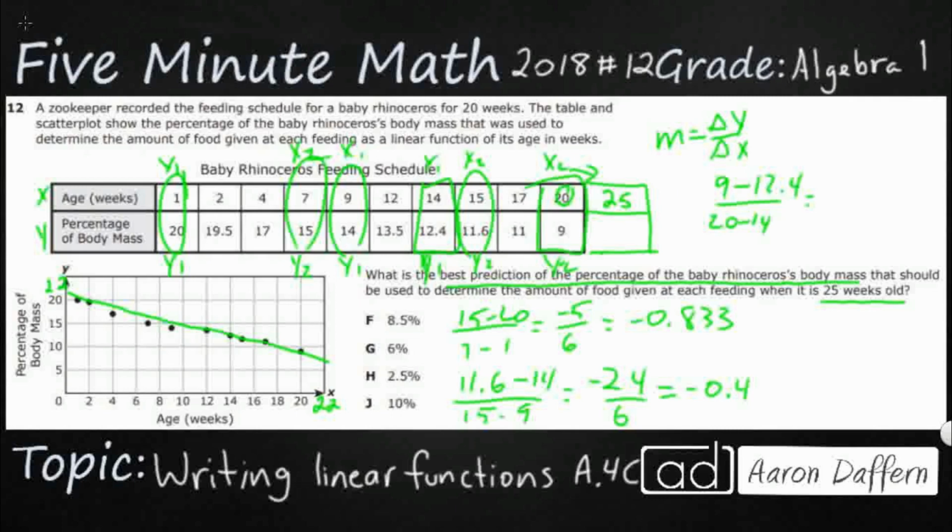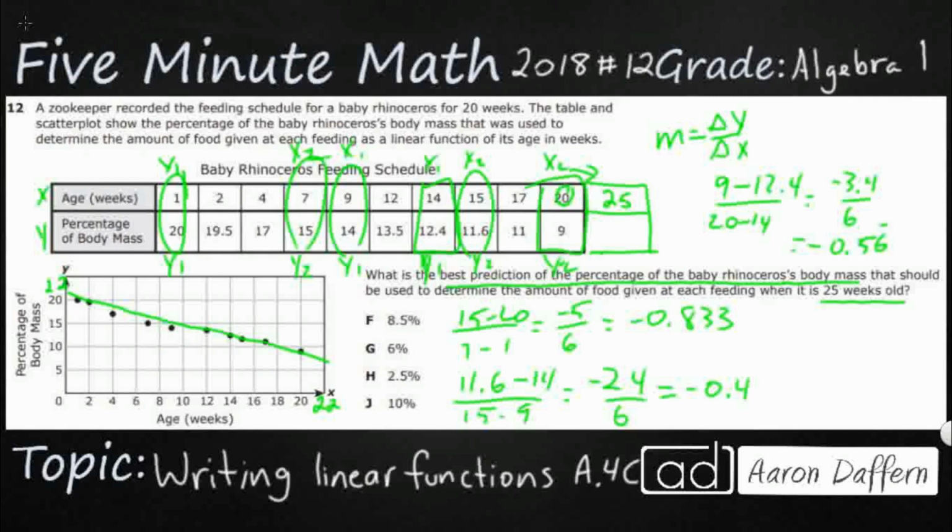So 9 minus 12.4 gets me negative 3.4 over 6. And I've got a negative 0.566 repeating.